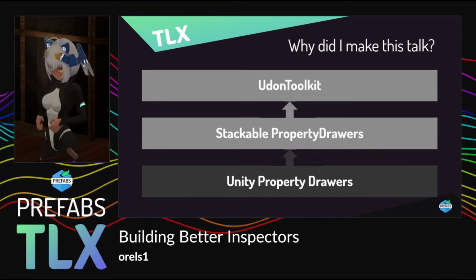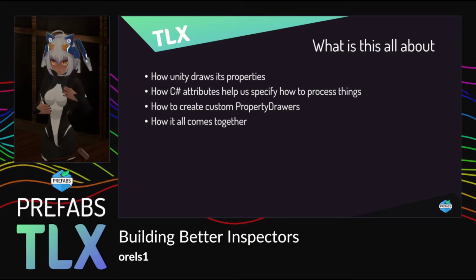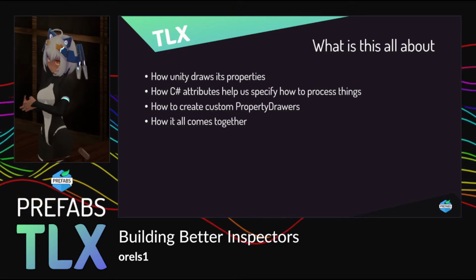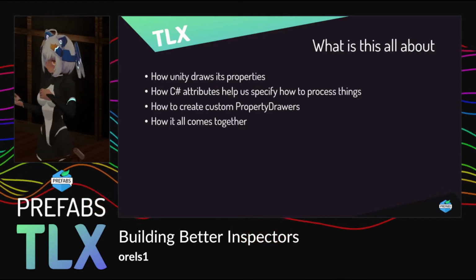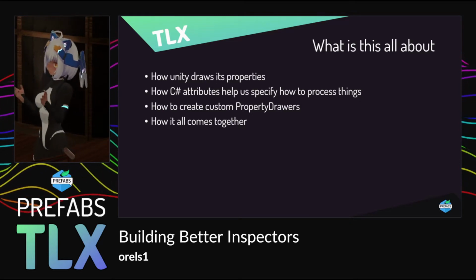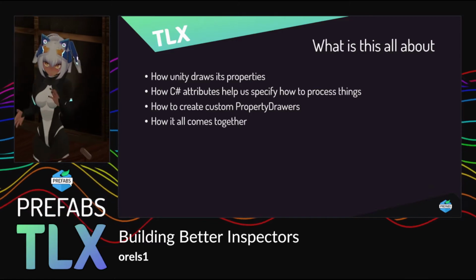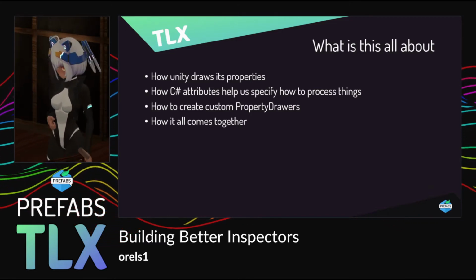So what we'll go through in this talk is what property drawers are, how Unity draws all your fields, how it chooses which method to use to draw your thing, how to create your own custom drawers, and how it all comes together in the end, and why it can be useful to you in your next project.